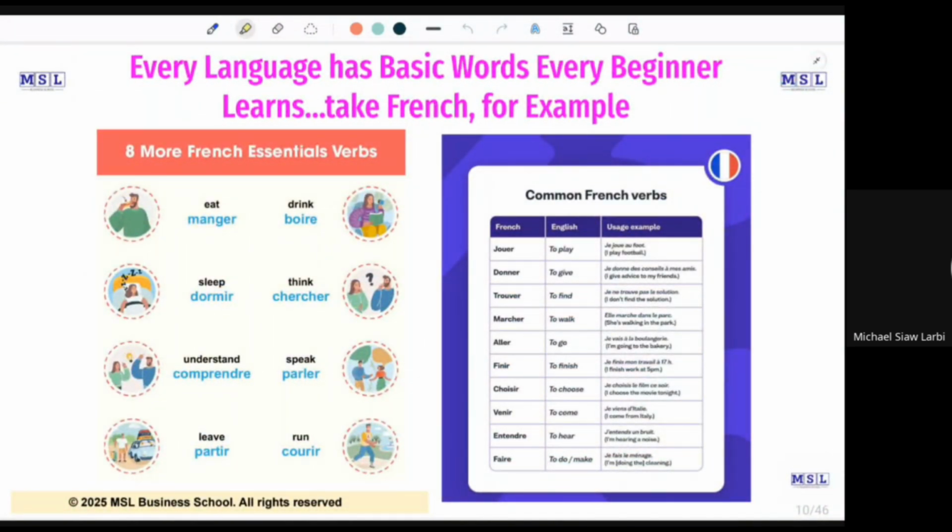So every language has basic words every beginner learns. Let's take French, for example. When I did French in junior high, senior high, and even uni first year business school, we were taught the basics. So I'm sure many of you here know manger is to eat, boire is to drink, dormir is to sleep, right? Comprendre is to understand, right? Partir is to leave. You learn these basics because you try and construct certain sentences.